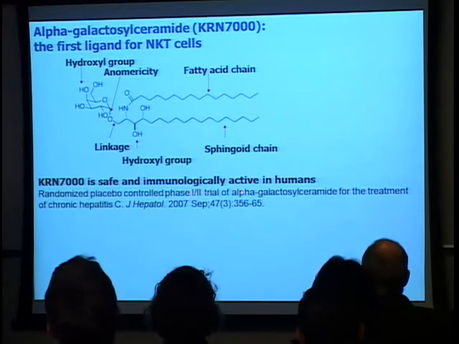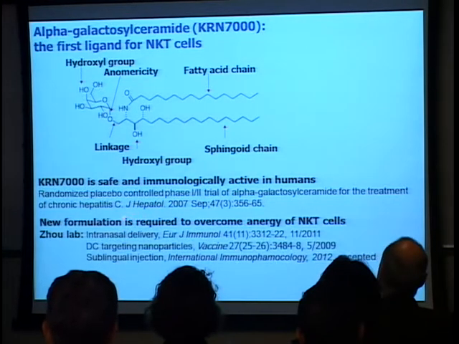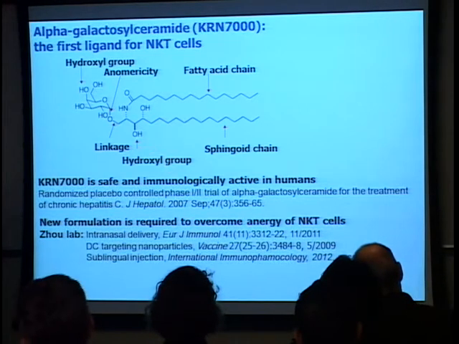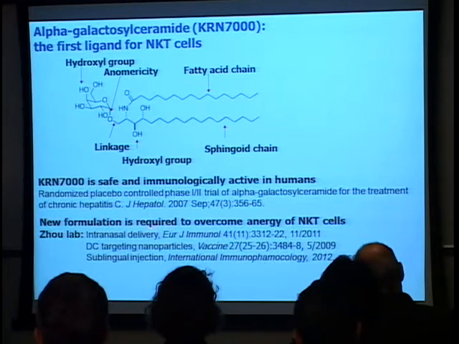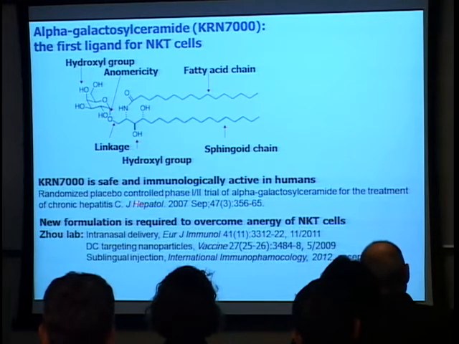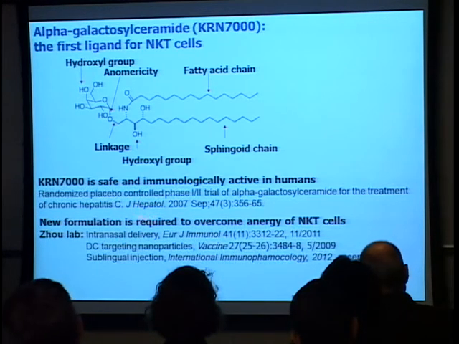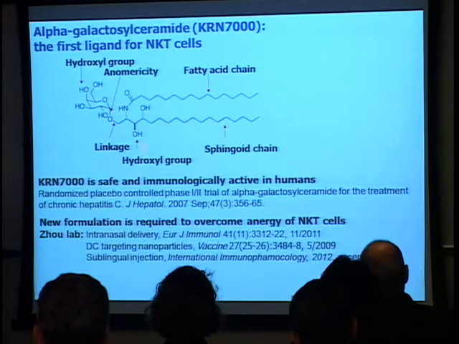It has been tested in hepatitis patients and cancer patients. My lab has been working on new formulations of this series of ligands. We developed intranasal delivery, nanoparticle formulated ligands, and sublingual injection of such ligands to study their function as adjuvant.